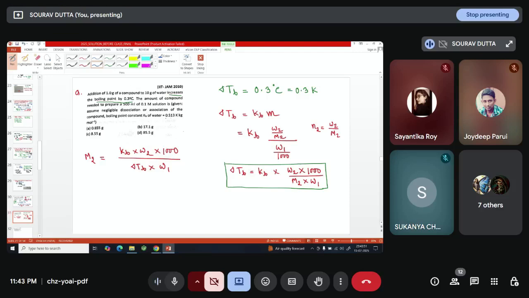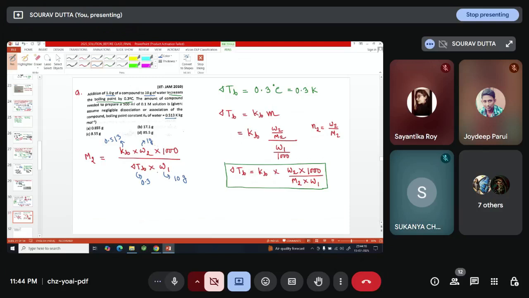Kb is 0.513. Addition of 1 gram compound, that means w2 is 1 gram, the mass of the solute. Delta TB is 0.3 Kelvin, and w1, the mass of the solvent, is 10 gram water.